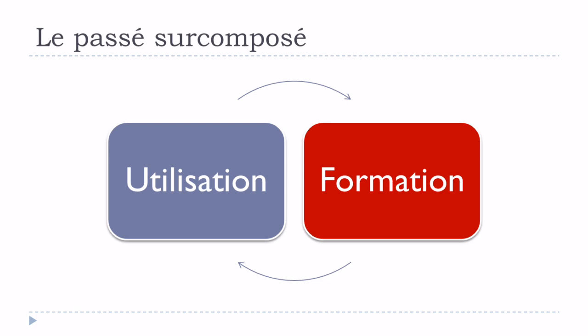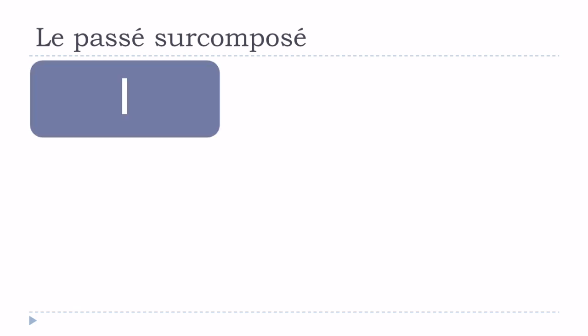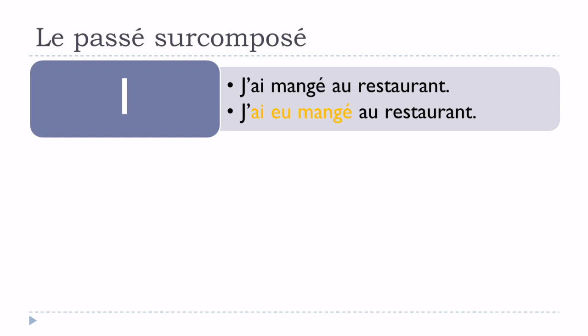So let's see how to make this passé surcomposé. A few examples first. The first sentence, j'ai mangé au restaurant, is le passé composé. As we saw, you use either avoir or être, in most cases avoir. You put that in the present form, and then after that you put the participe passé. So this is le passé composé.